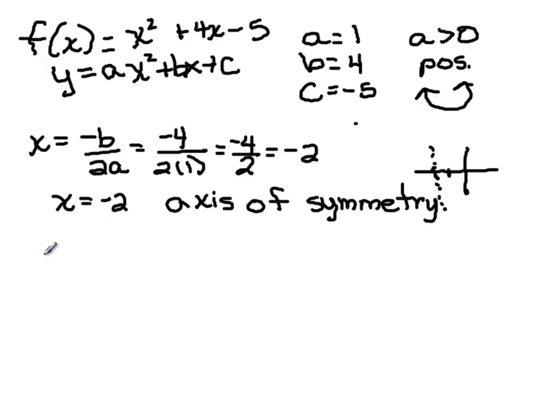Now the vertex though is a point, and it is either a low point or a high point, and since this parabola faces up, the vertex will be at the bottom of the parabola and will be a minimum of the parabola.